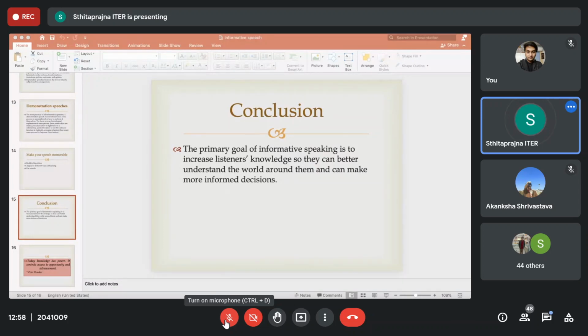Okay, so I think all of you will get prepared on these lines for your informative speech topic. I've given you a brief guideline on how to prepare your PowerPoint and what to speak.